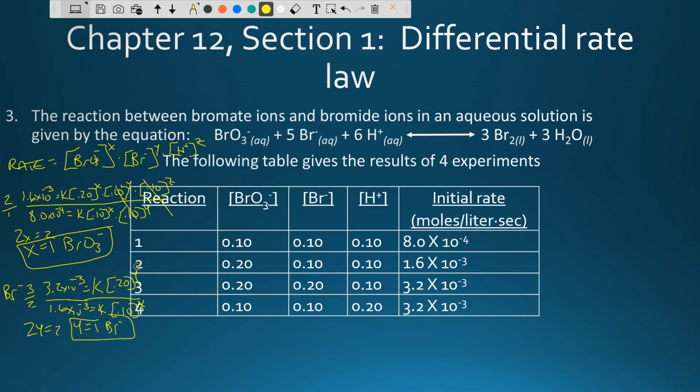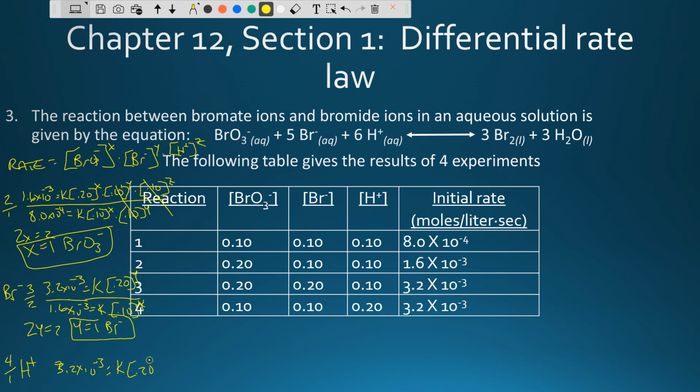Now the third iteration, let's take a look at my hydrogen. I'm going to find we'll end up seeing my 4 to 1 is going to be the one that cancels out. So 3.2 times 10 to the negative third, that's going to equal K. I know x is canceling, y is canceling, so let's just look at my z.